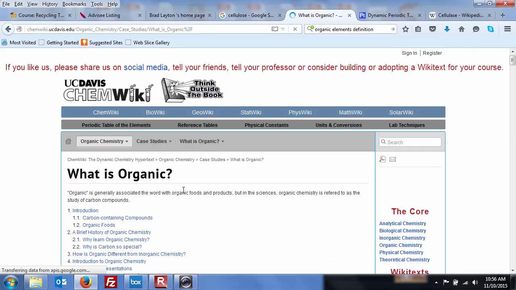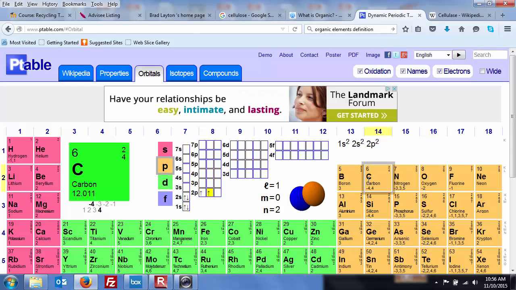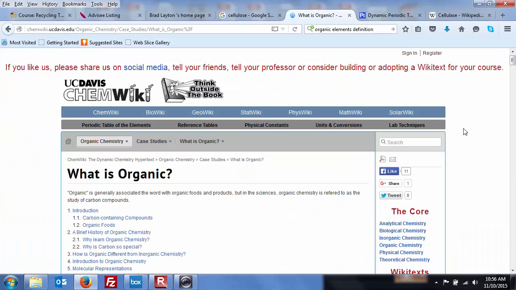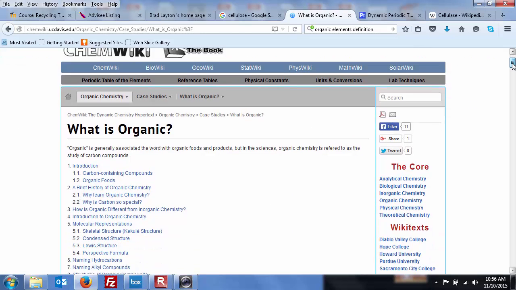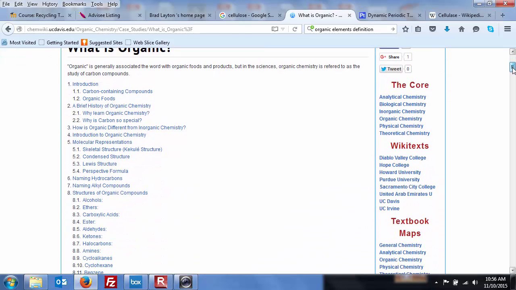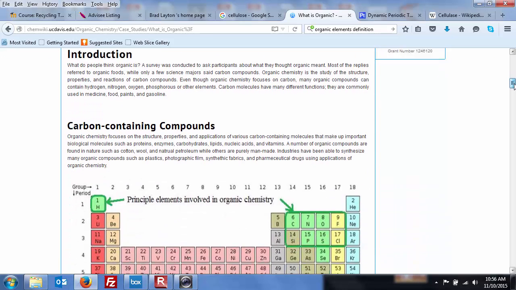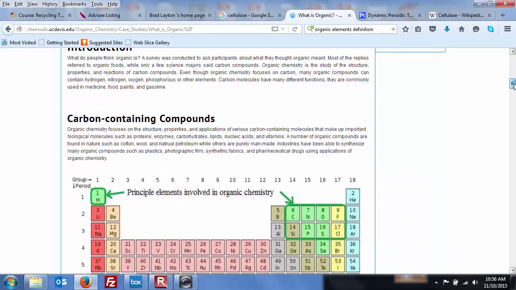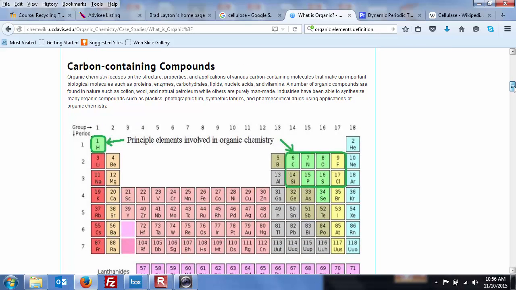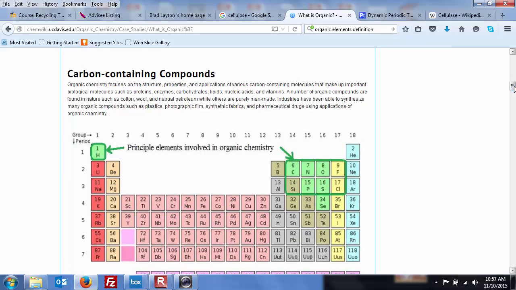I've used them before. They're at UC Davis. Carbon obviously is the most obvious organic element, so that's listed first right there. Carbon-containing compounds. There we go. Okay, and they've got a nice, tidy little set of elements.